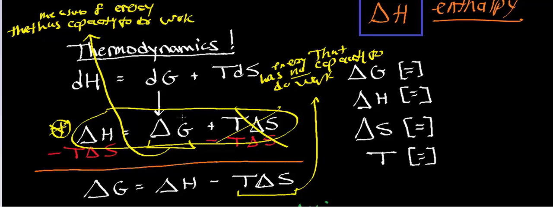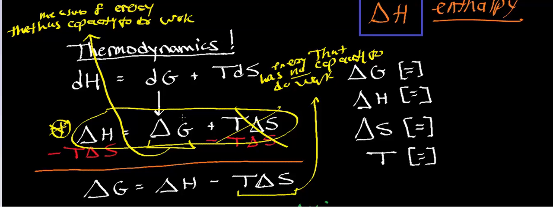It's like saying, if I take all the people on the planet, and some percentage are men and some percentage are women, then adding the two together should be all the people on the planet. If I take the energy that has the capacity to do work plus the energy that doesn't, that's the total energy change of that reaction.